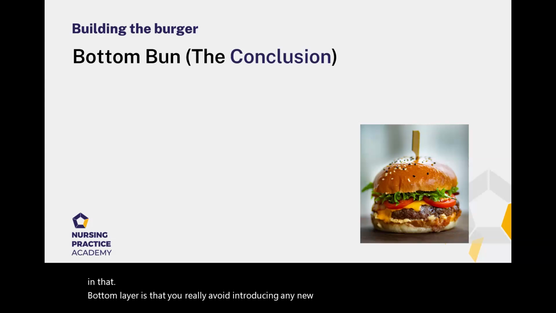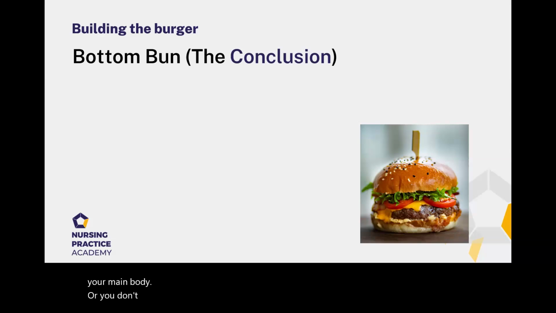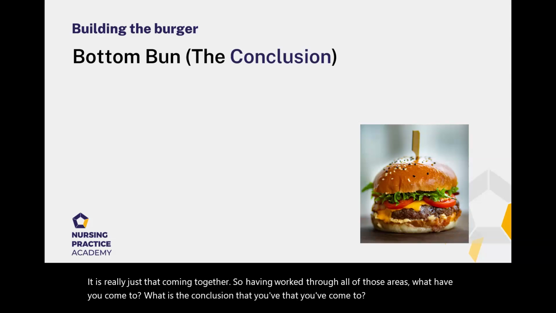If there's something that you feel you want to say in the conclusion that you haven't already said, then it should be in your main body, or you don't include it, because the conclusion is not where you start introducing new ideas. It is really just that coming together. Having worked through all of those areas, what have you come to? What is the conclusion that you've come to at the end?